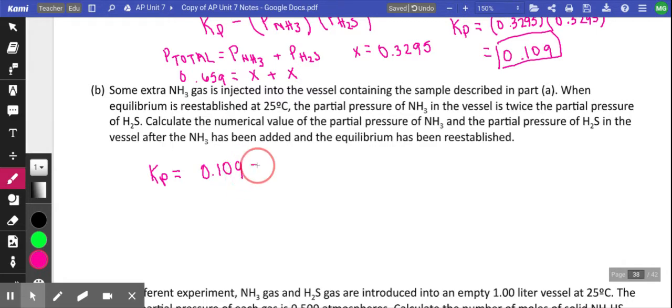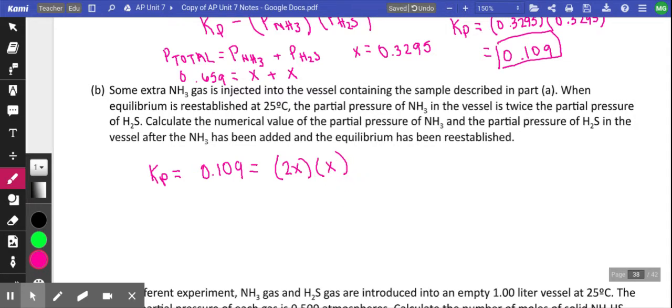What is changing is what I have each pressure being. So for my H2S, the pressure is still x, but for my NH3, the pressure is now 2x. It's double the pressure of H2S, because that's what it says in the problem.